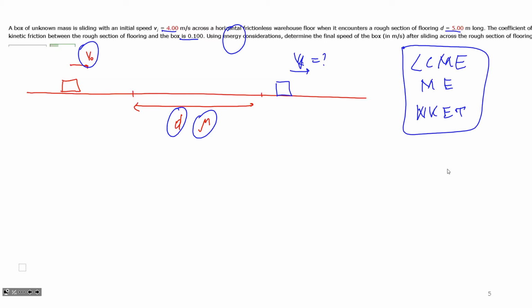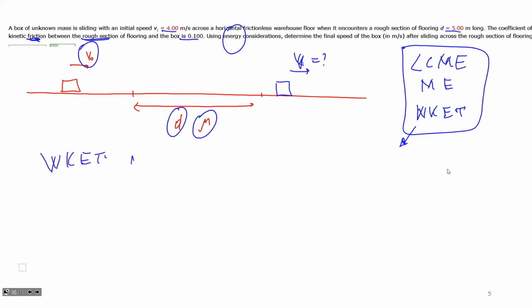And the rule of thumb says if you have any friction, use work kinetic energy theorem.